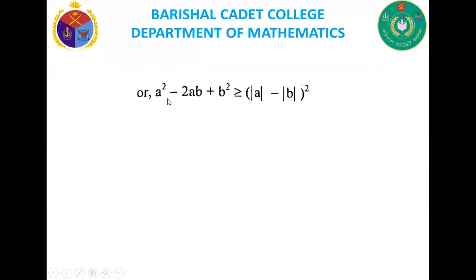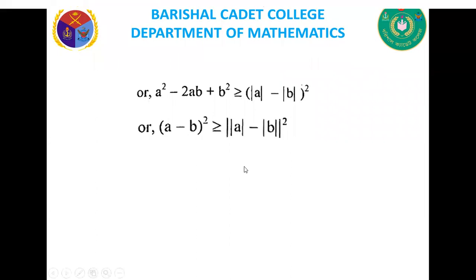Cadets, modulus of a square means a square, and modulus of b square means b square. And here we get the formula: a minus b whole square, that is modulus of a minus modulus of b whole square. So finally we get a square minus 2ab plus b square, that is a minus b whole square, greater than or equal to modulus of a minus modulus of b whole square.